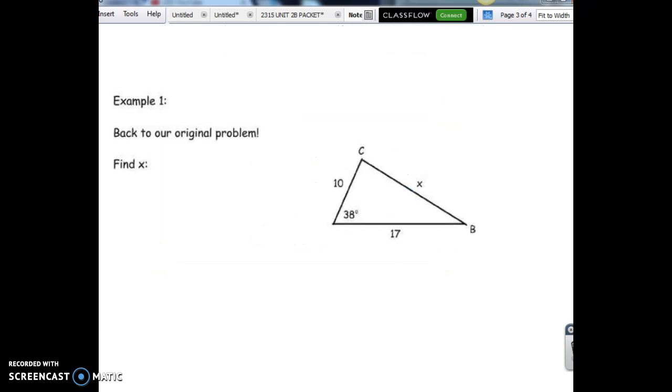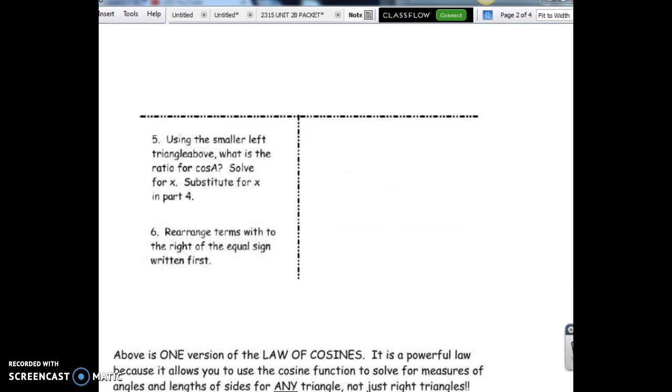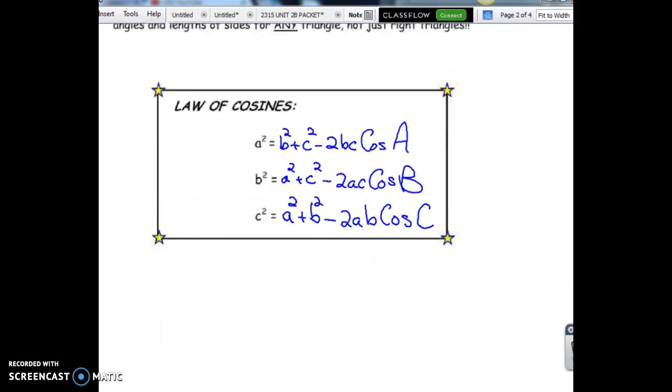All right, well, when we go to our problem, here's that same problem we were working on. Oh, and let me back up a second. If I solve this equation for C, what am I going to have to do to both sides? How do you undo a square? Well, we're going to have to take the square root.